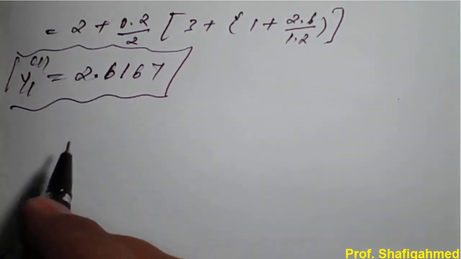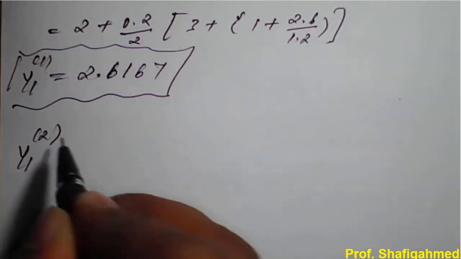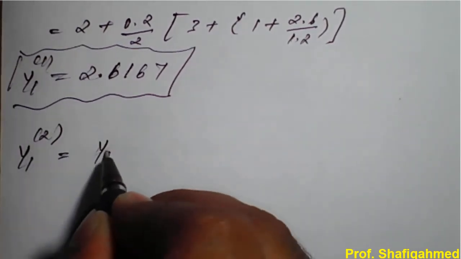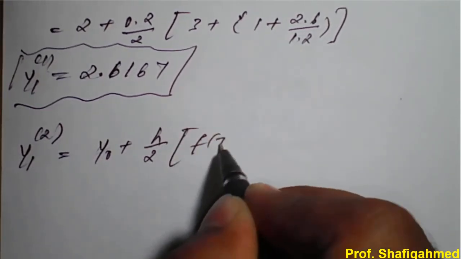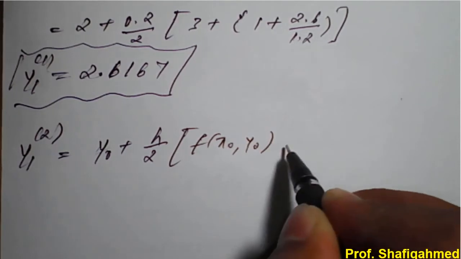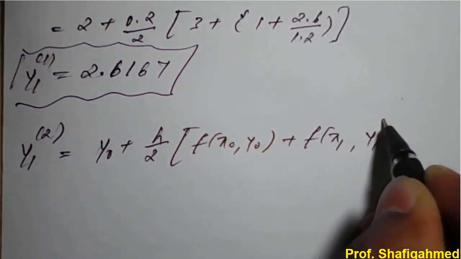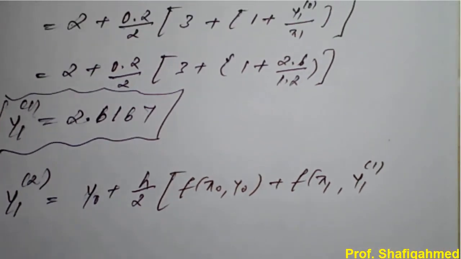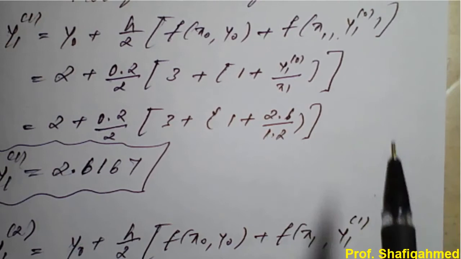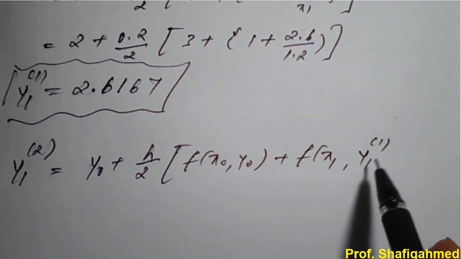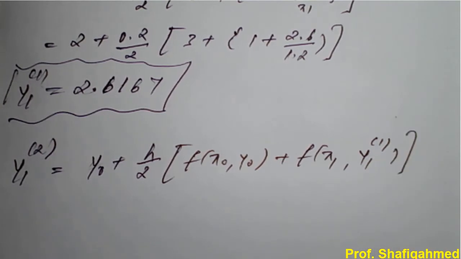So therefore now next approximation is y1 of 2, and the formula is y0 plus h upon 2 into f of x0 comma y0 plus f of x1 comma y1 of 1. Previously we had y1 of 0. So now I want to take y1 of 1, the previous fresh value of y1, and we'll simplify now.